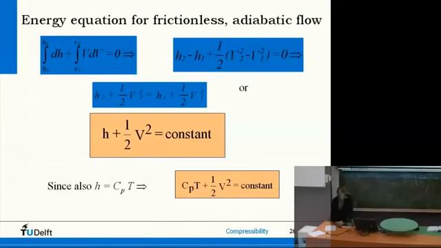V dV is similar to Bernoulli, only the rho has disappeared due to the specific volume in there. So I have half V2 squared minus half V1 squared. So please see, really quite a powerful relation: h2 minus h1, enthalpy per unit mass, plus a half V2 squared minus V1 squared is equal to 0.